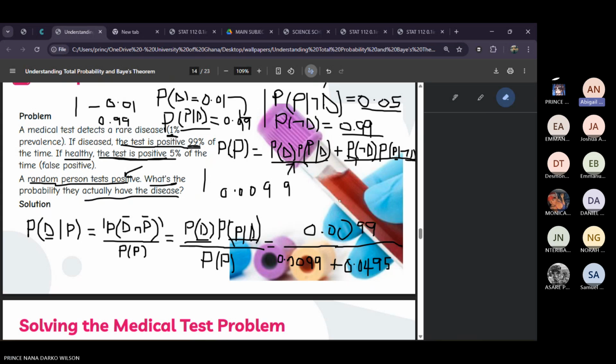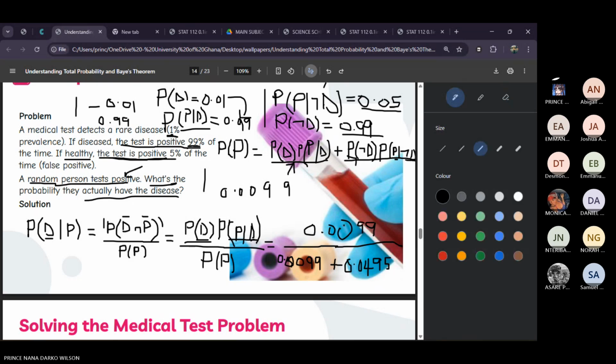Okay, let's continue. So then that gives us the value that we are looking for over here. So now we proceed.